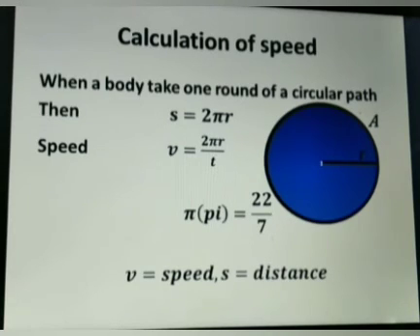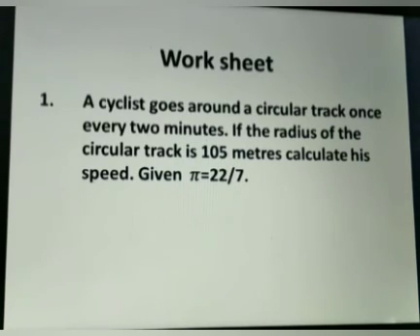So, v is equal to 2 pi r divided by T. Here pi is a constant and its value is equal to 22 divided by 7. Here v is speed and S is distance travelled by the object.